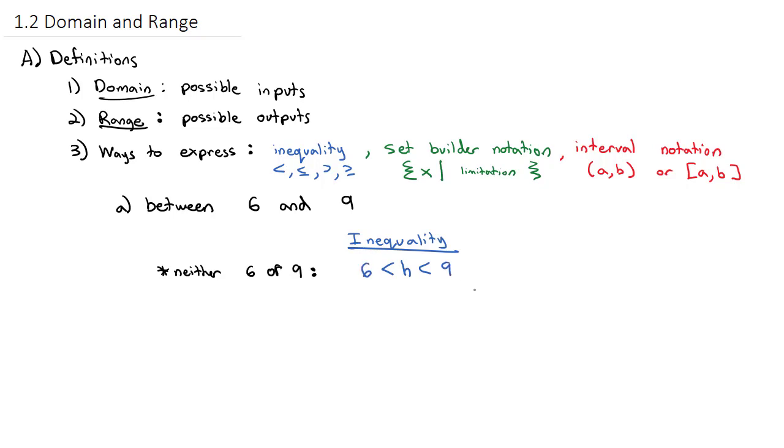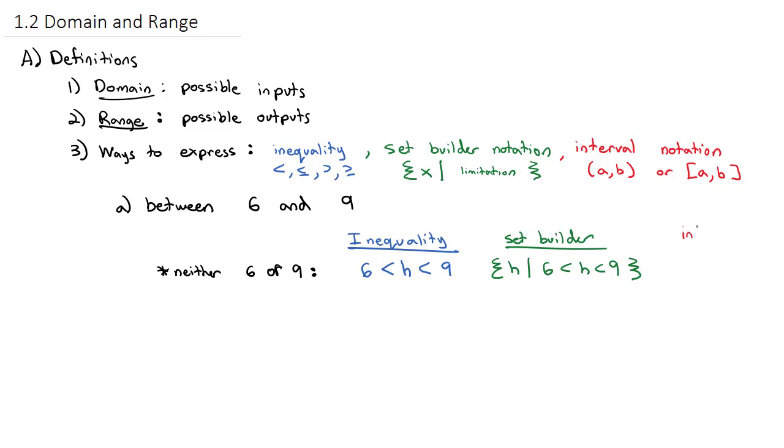And that would be the inequality showing that the h is between 6 and 9. Set builder is very similar. What we will do with set builder, though, is we'll formalize and say h is the variable, and then use a vertical line, and then the same inequality, 6 is less than h, which is less than 9, with the squiggly bracket.